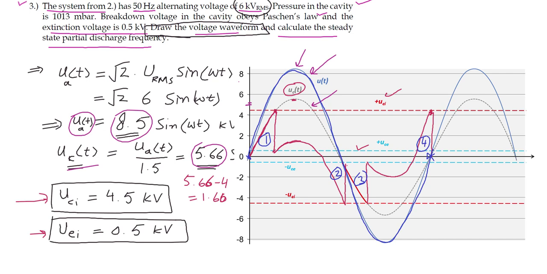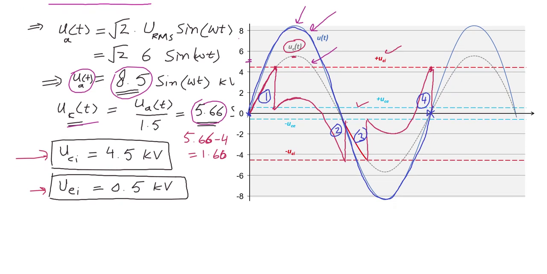And in one cycle we have 4 pulses, and so the frequency of PD will be 4 times the frequency of our power supply. So it will be 4 times 50, so we will get 200 hertz.